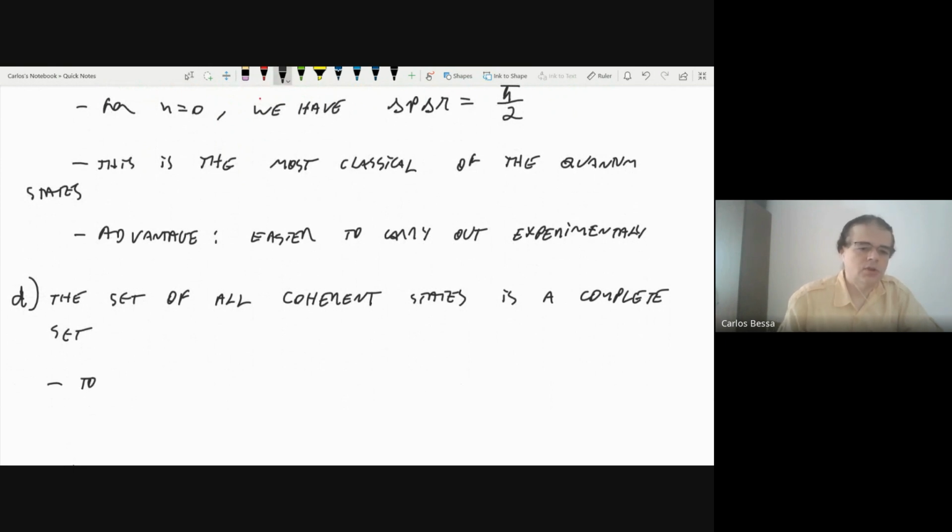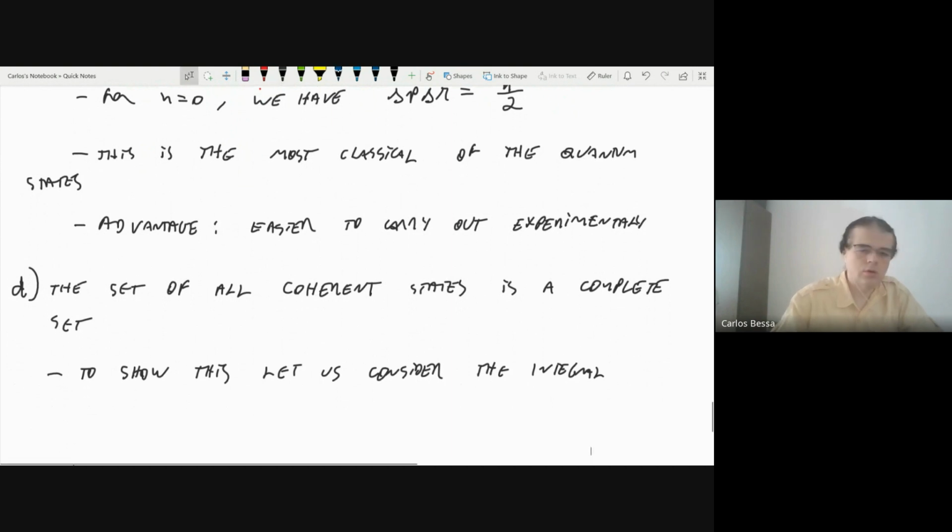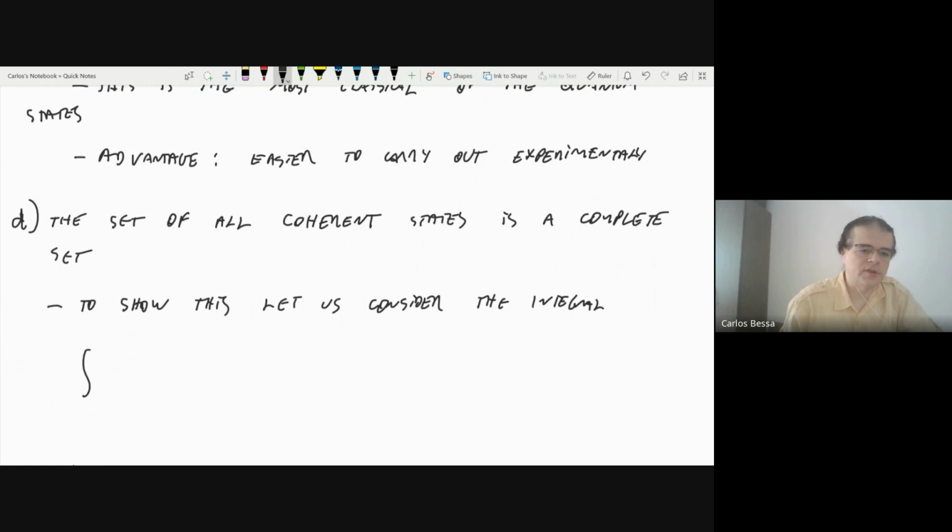So to show if this is complete or not, let's consider the integral. I will use the expression we found for the coherent states in terms of the Fock states, the number states.